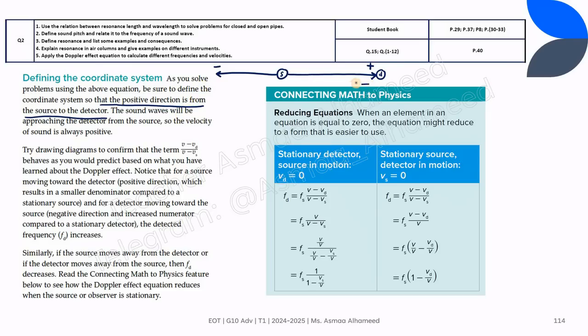Now if you are going closer to the source, then your velocity is negative. Let's say that the source is going closer to you, it's moving in the positive direction, so Vs will be positive. Let's say the source is going away from you, it's in the negative direction, and let's say you are going away from the source, so your velocity is positive.